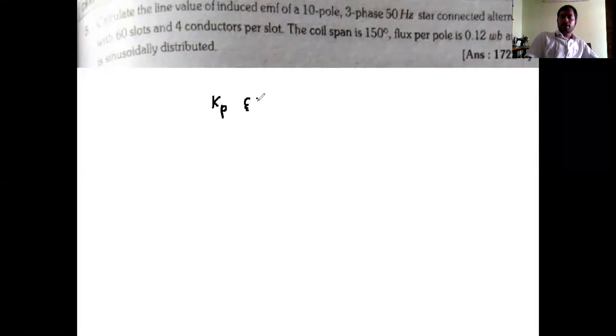Based on Kp and Kd, the EMF equation is 4.44 f flux per phase, turns per phase, Kp into Kd.